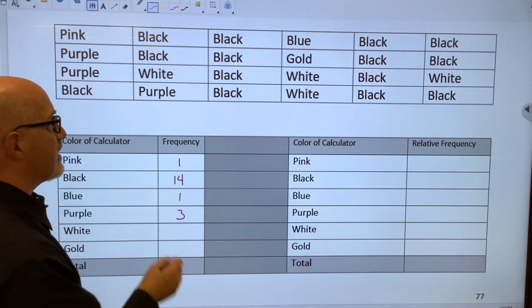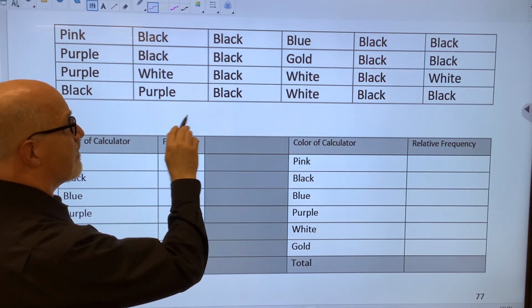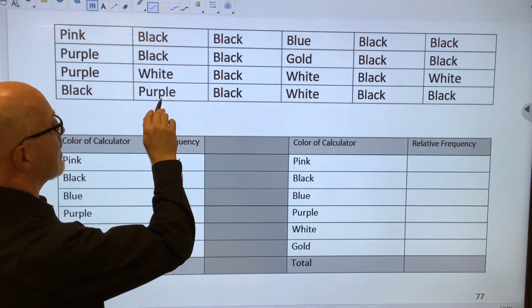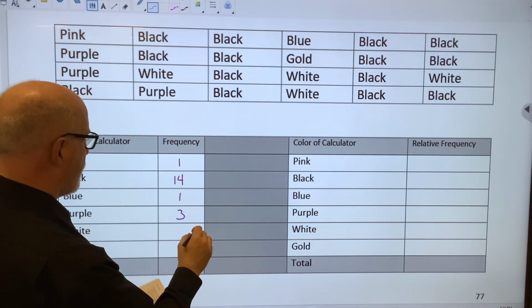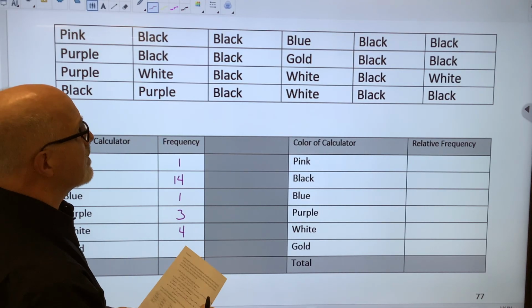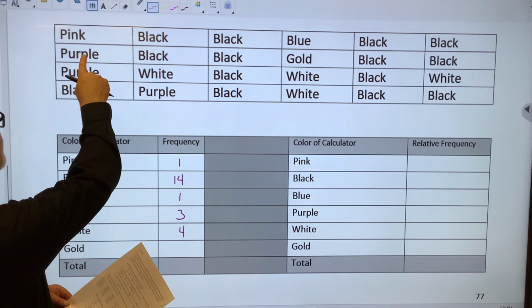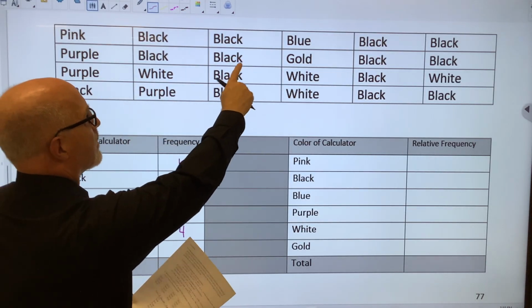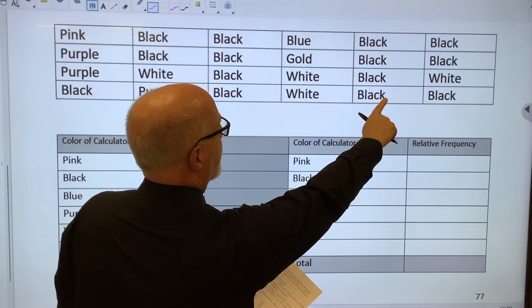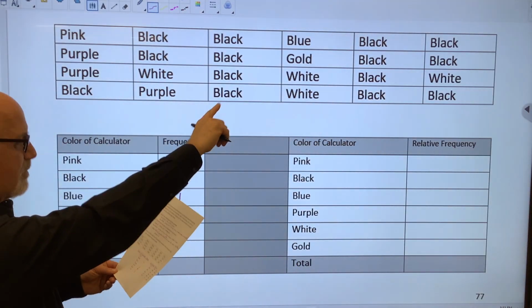When we get to white, I look over the list and I think I see 4 of them. So 4 white calculators on this list. Let's see, listing them here: 1, 2, 3, and I think I'm missing one of them.